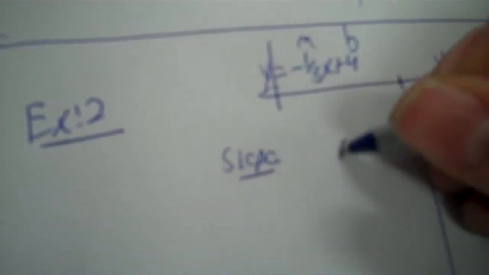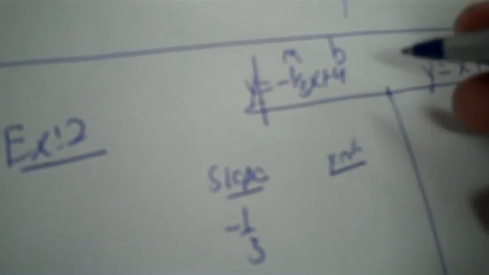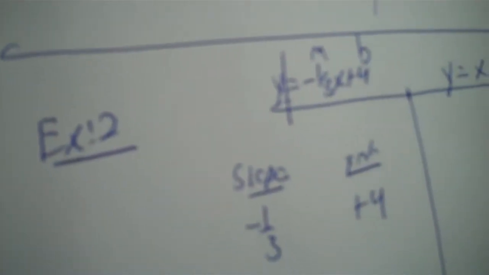Is y by itself? Sure it is. Okay, so MB. Slope, y-intercept. So the slope is negative 1/3, the y-intercept is plus 4. Okay. So plus 4 on the y, remember x, y.